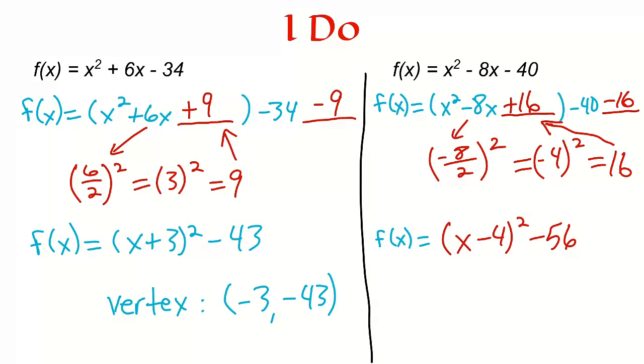Questions? I'll let you sit with that for just a minute. The vertex is 4, negative 56.